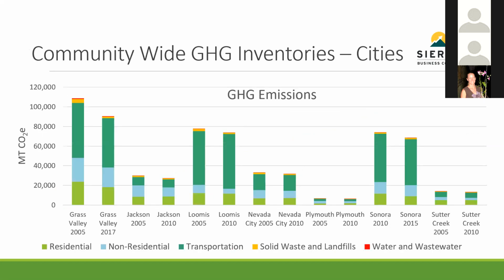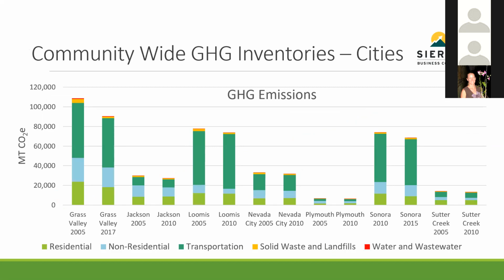Okay, here are some community-wide results for cities, and it includes baseline inventories and re-inventories at a later date. So you can compare from year to year. The bands represent different sectors, and you can notice that the transportation emissions, which is the dark green band, tends to dominate.